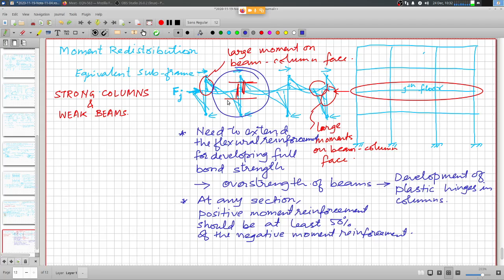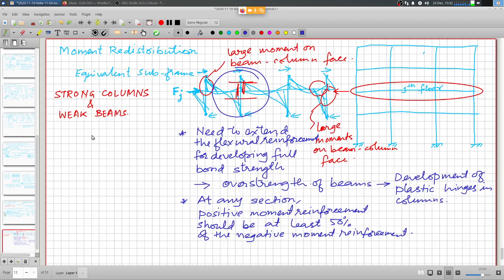Whatever calculation we did for the strong column, weak beam, we added maybe 20% higher moment capacity to the column than the beams. But when we design for the beams, we design for the maximum negative moment, and then we also have this 50% positive moment capacity at any section, and then of course the signs have to be reversed, so you need to work out how it works in combination with dead load, gravity load and the earthquake load.